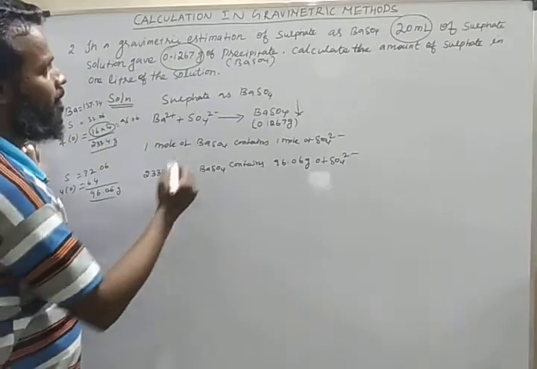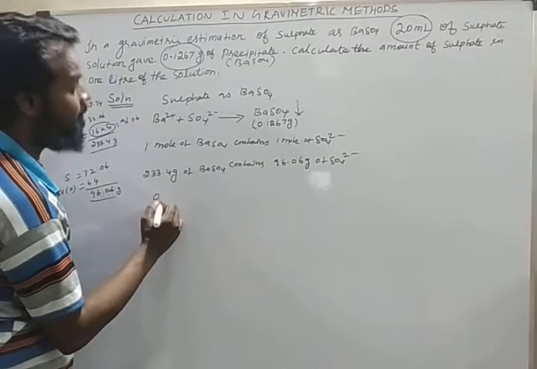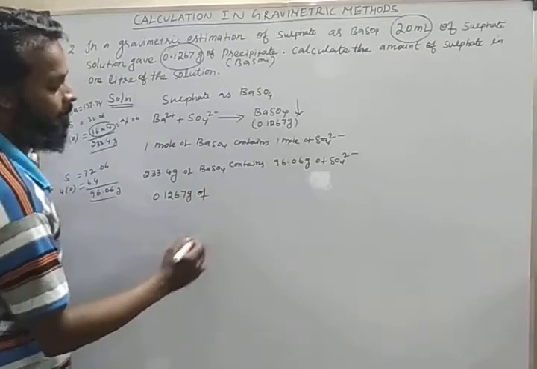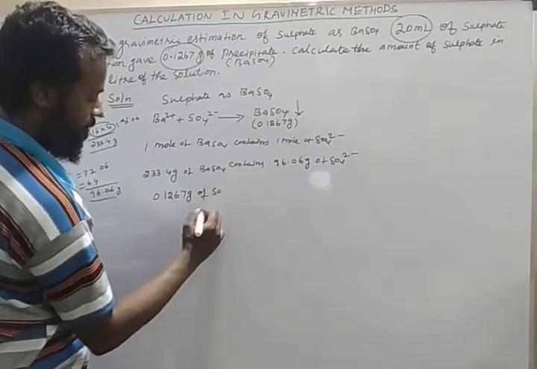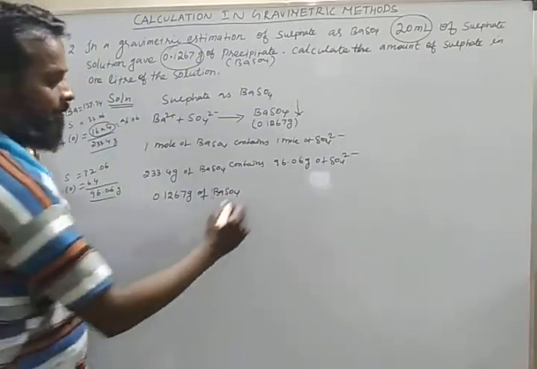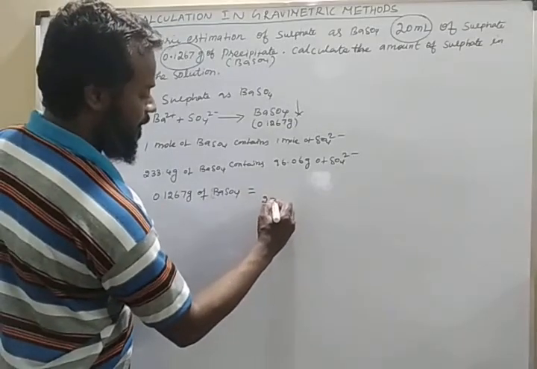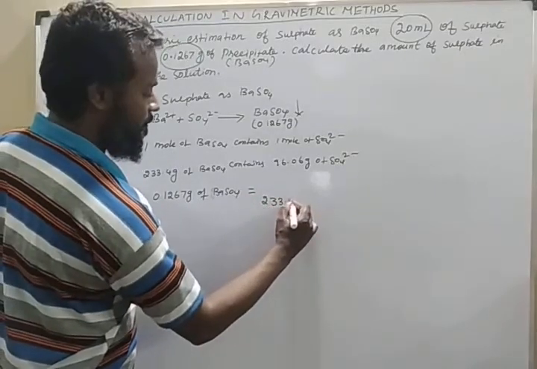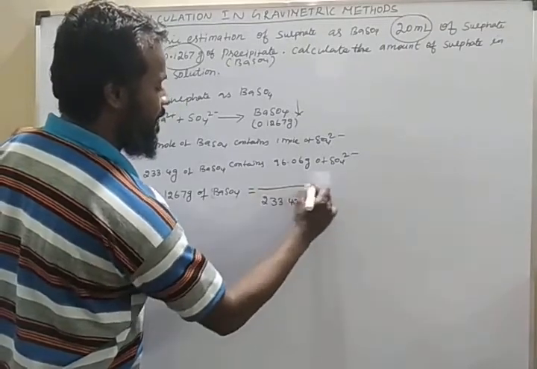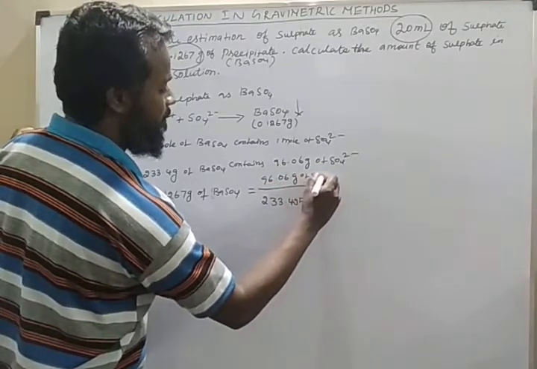0.1267 gram of barium sulfate? If you go for this, 0.1267 gram of barium sulfate contains how much? So we know that 233.4 gram of barium sulfate contains 96.06 gram of sulfate ion.